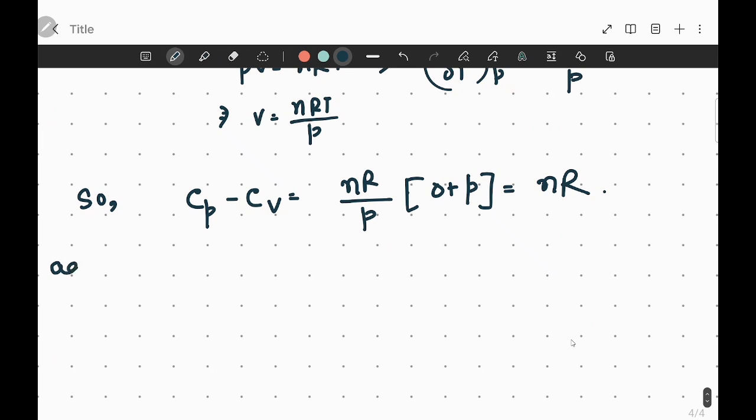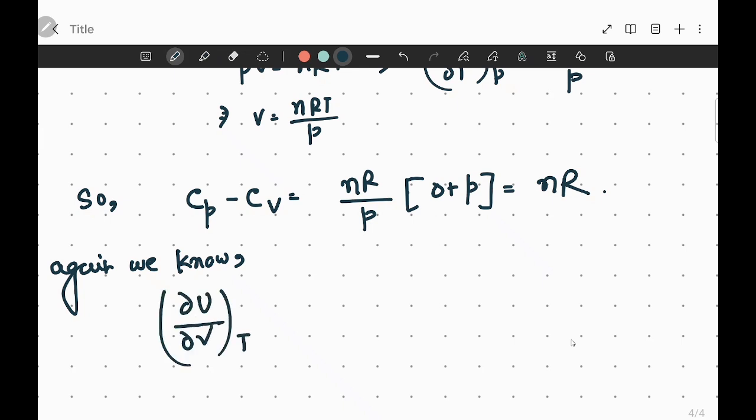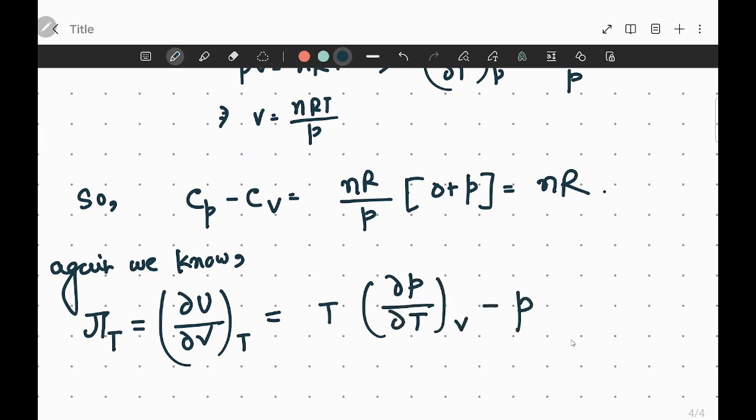So again, we know del U del V at constant T. What is this term? What is this, CV? No, no, no. This is pi T, the internal pressure, and this equals T into del P del T at constant V. You have to remember this formula. This is a thermodynamic equation of state. There are two thermodynamic equations of state; this is one of them, the internal pressure.